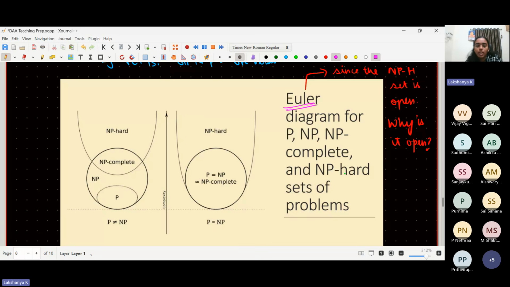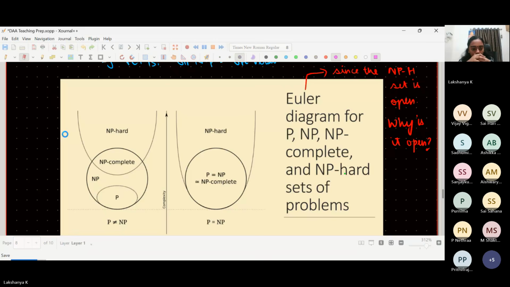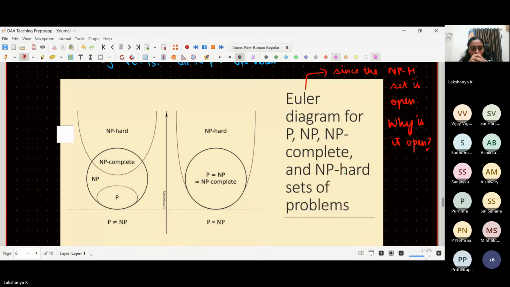Now, can someone tell me why it's open? Why is it not a closed circle? Any guesses? Anything. Maybe because there's not a defined set of problems that you can keep... Right, exactly.